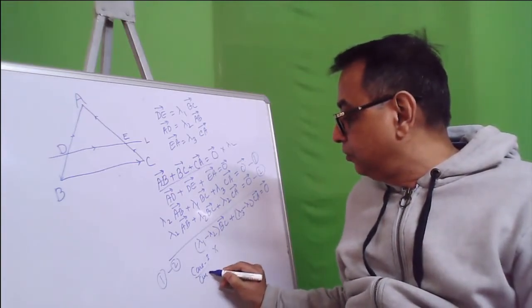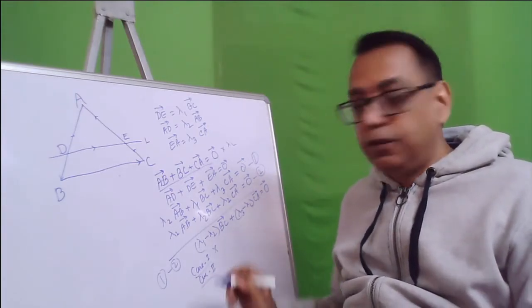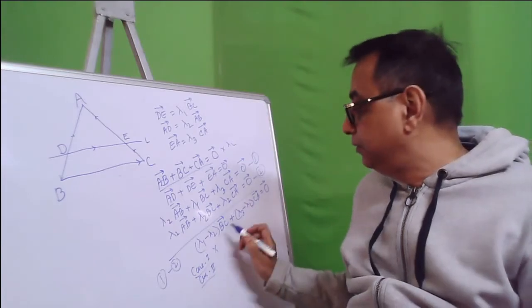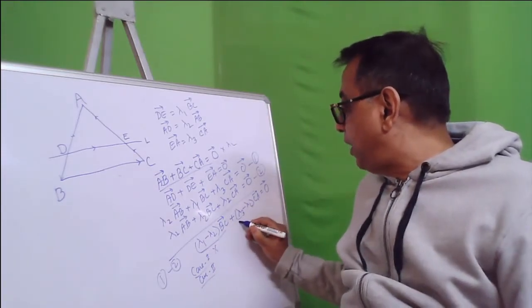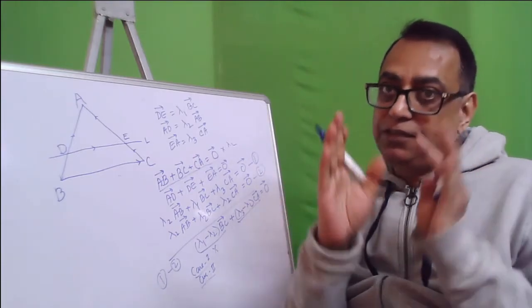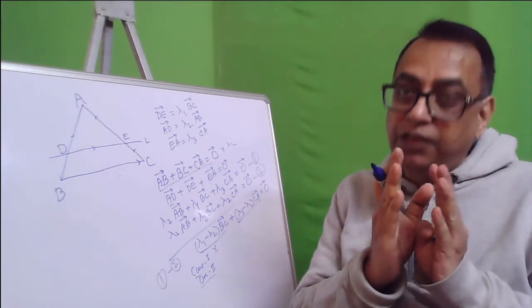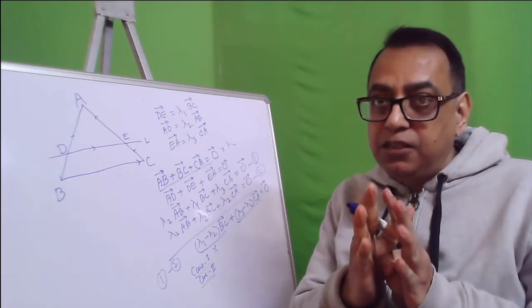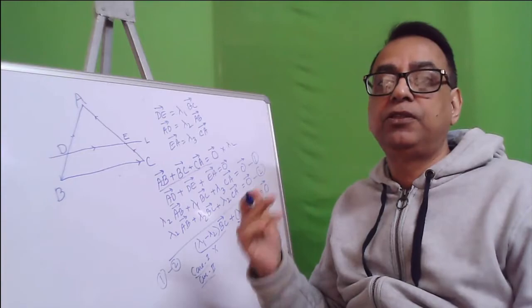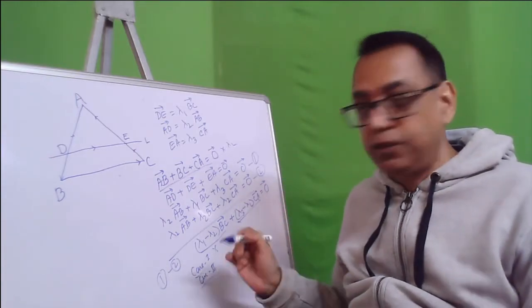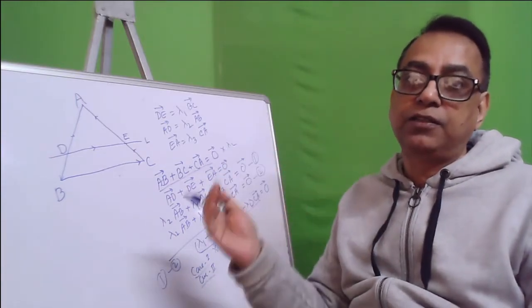Case 2 is only possible when this vector is 0 and this vector is 0. So each vector individually is a zero vector. Then only the addition of these two vectors will be 0, provided case 1 is not there, meaning the two vectors are not opposite.